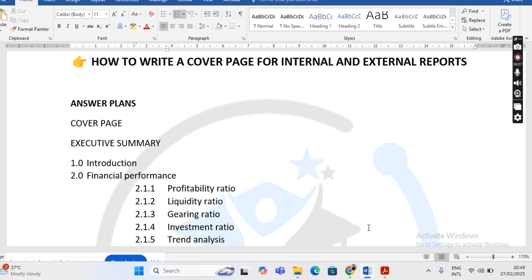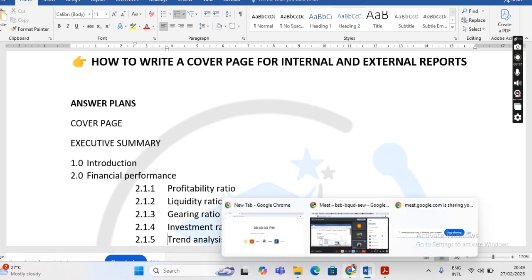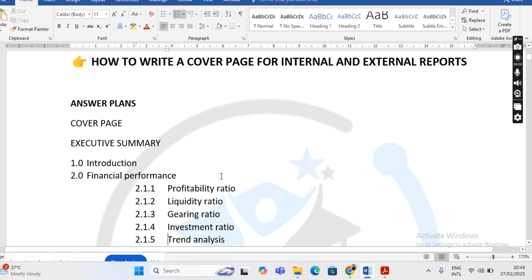Now, I said that under the financial performance, classify it into different ratios, right? First, profitability ratio. Like I mentioned in the previous lecture, please don't go and calculate all the profitability ratios. No, just pick 2 ratios. Just pick 2, if the examiner did not state in the unseen that you should use these ratios.